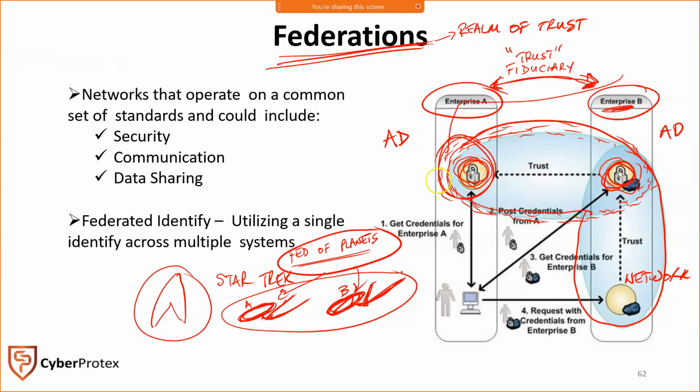And so now, instead of us having to create a new user account and log in for Enterprise B over in Enterprise A Active Directory, these two have shared keys with each other. And since they've shared the keys, now they belong to what we call a realm of trust. Right? And being able to do that allows us a bunch of different things.